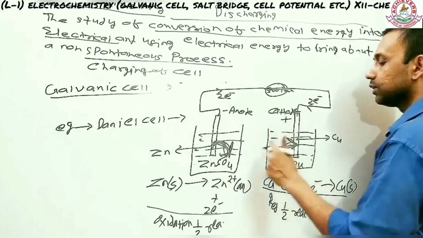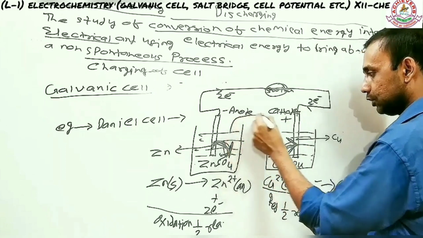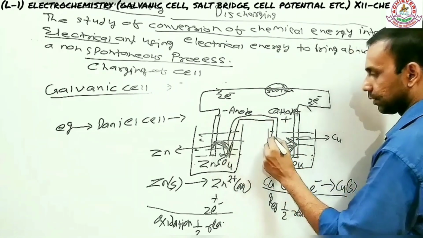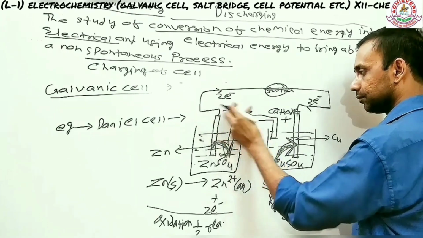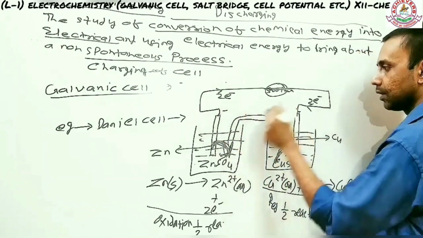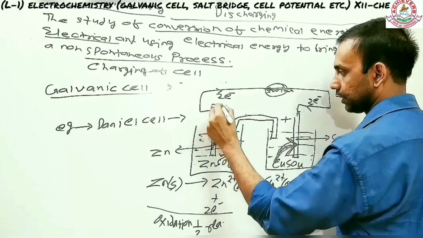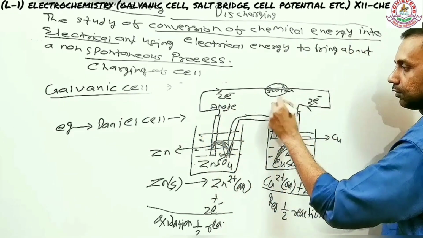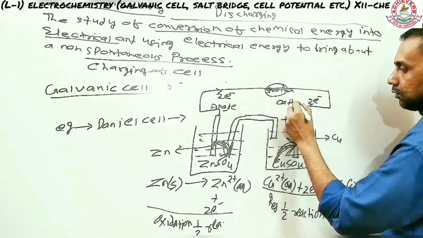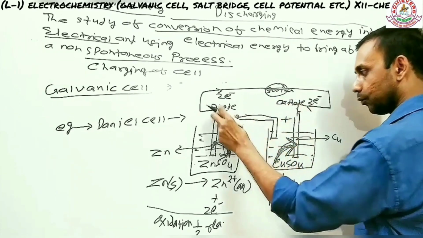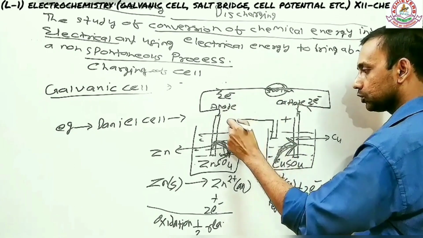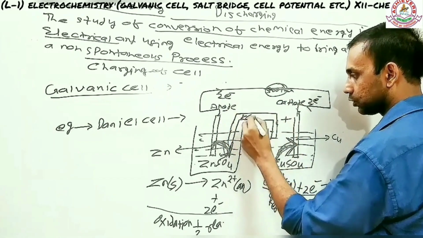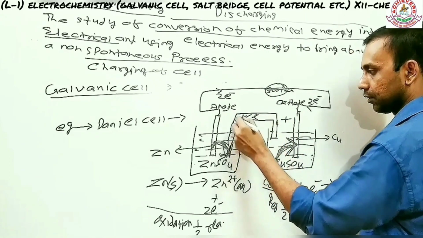Now, in order to continue the reaction, a U-shaped tube has been placed here, and this tube contains an electrolyte solution, potassium chloride maybe.